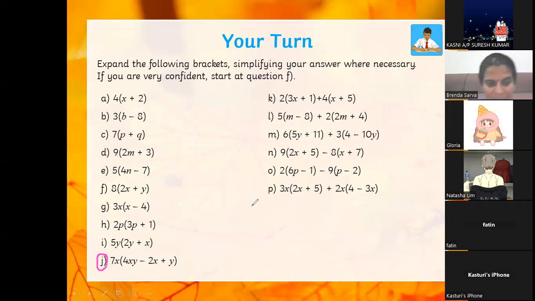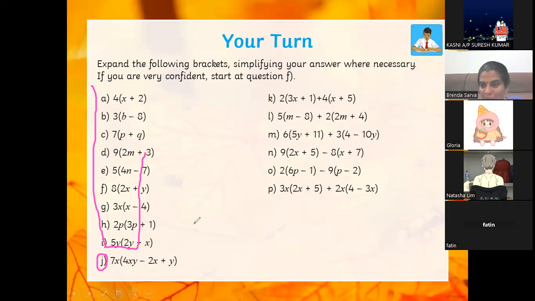Start with J. This one all no need to do. They asked us to start at F actually, but never mind. We start at J. We are pretty confident. Start at J, put in your answers. No problem, Danya. Write the answer and look at the question. Oh, you do it. I see. Okay. All right. Answer for J.